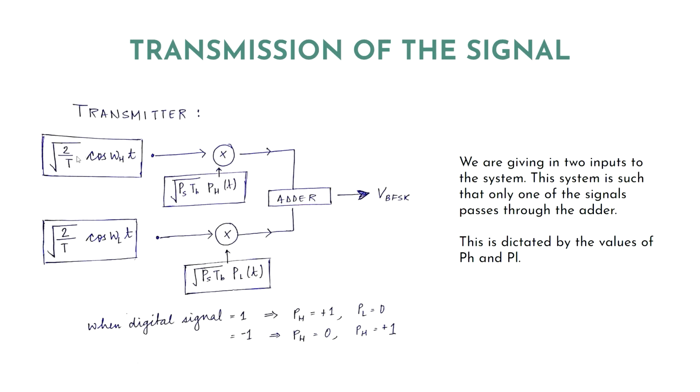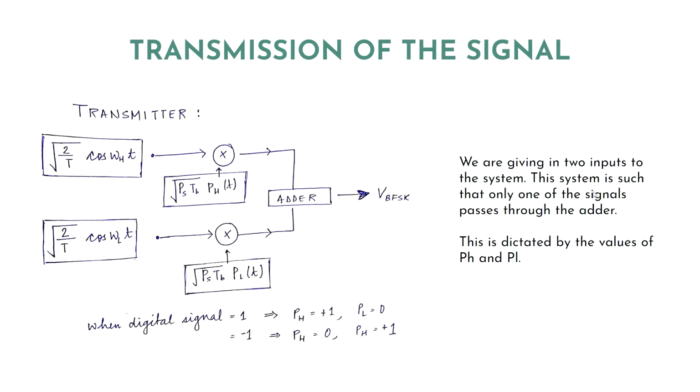The signal with the higher frequency is represented by root 2 cos omega h t, which is multiplied by root Ps Tb times ph of t, and the second multiplier multiplies root 2 cos omega l t, which is the lower frequency signal, by root Ps Tb times pl of t.